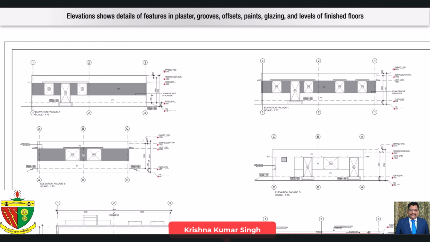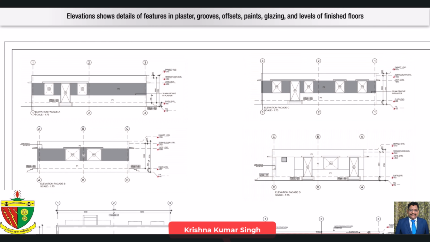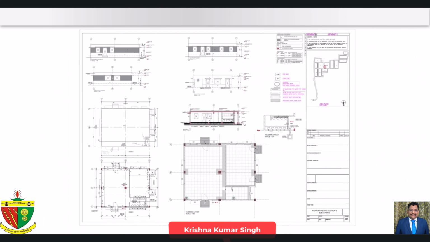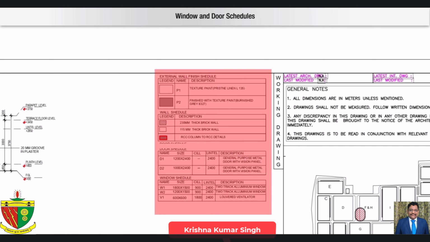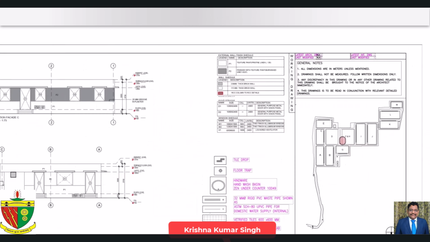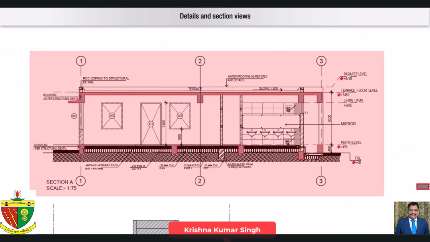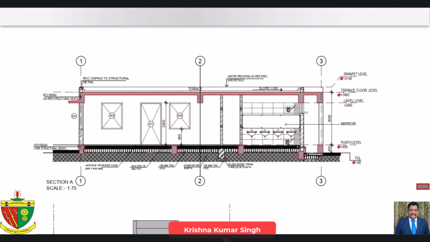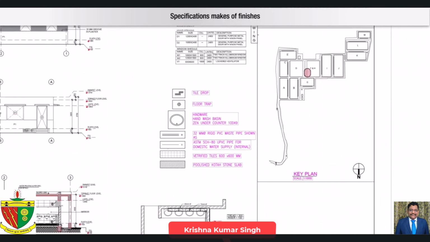Elevations show details of features in plaster, grooves, offsets, paints, glazing, and levels of finished floors. Window and door schedules. Details and section views. Specifications, makes of finishes.